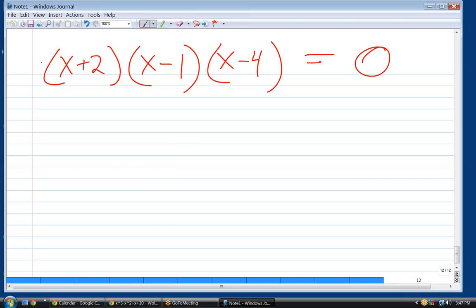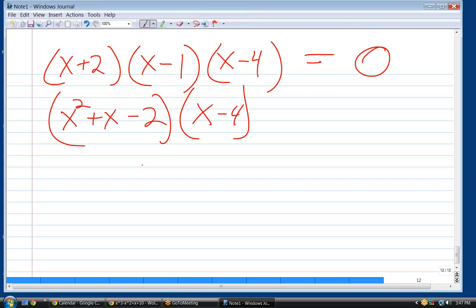Okay, so now let's figure out what polynomial, in other words, I'm going to make that equal to 0. Now let's multiply all these together and see what we get. Multiply the first two. x squared plus x minus 2. Okay, and then multiply that by this binomial. That would be x cubed minus 4x squared plus x squared minus 8, or x.